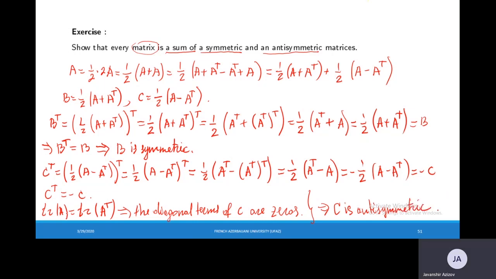That's it. As you see, we can write A as B plus C, such that B is a symmetric matrix and C is an antisymmetric matrix. That's all. See you guys next lesson.